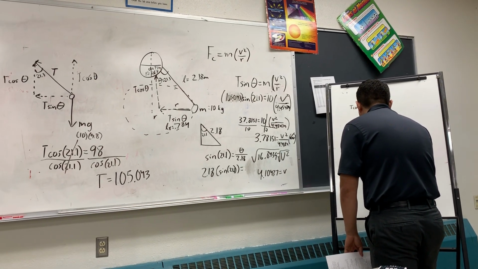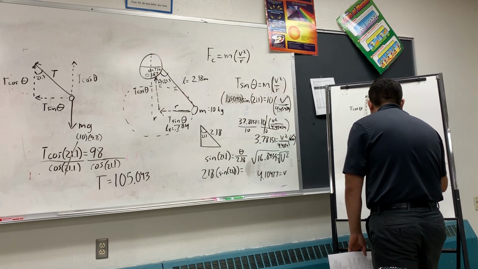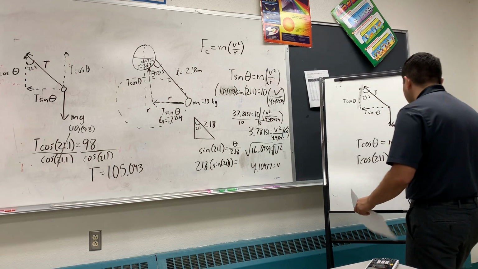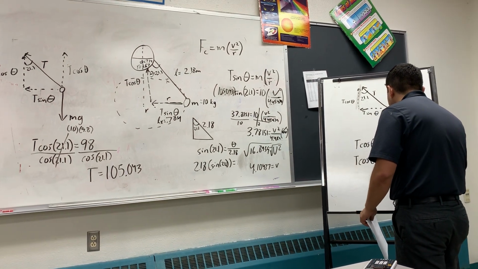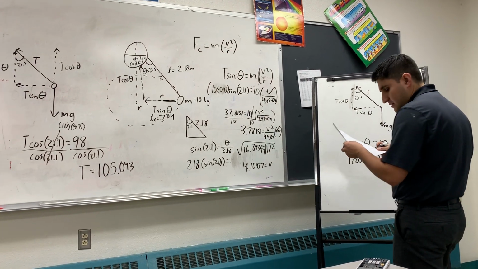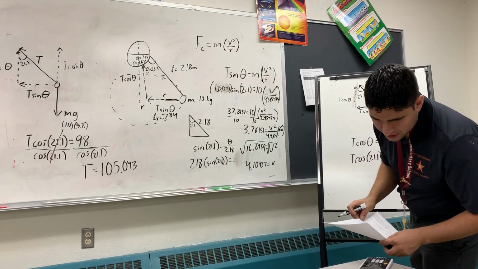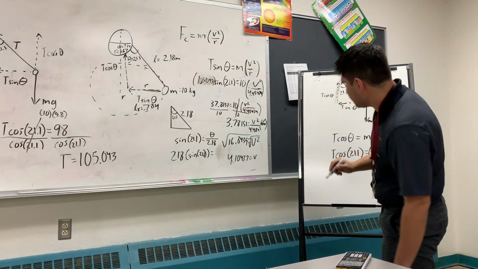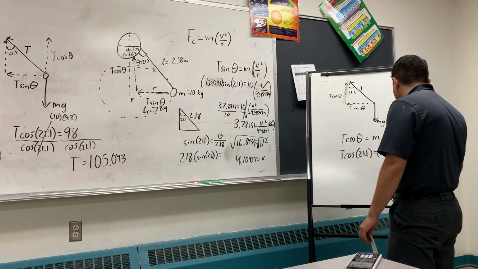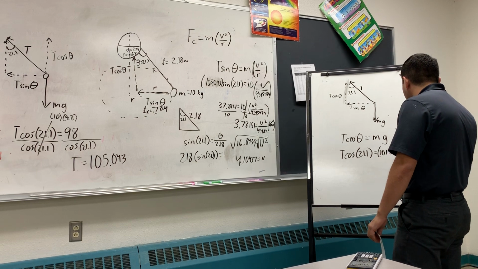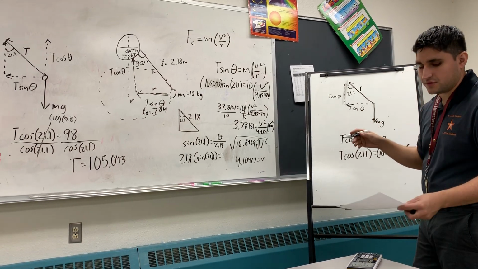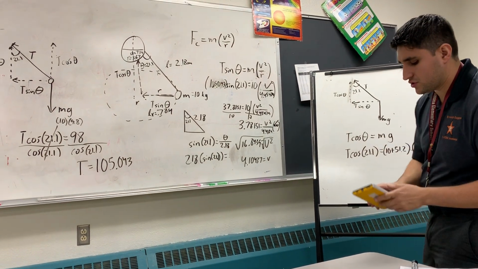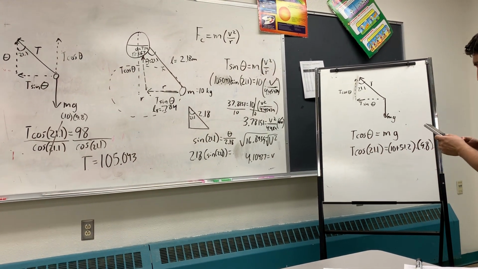I know my angle is going to be 21.1. And my mass is going to be the mass of the seat plus the mass of the child, which is 51.2 times 9.8. So even if you don't do number 11, you should be able to do number 12 because this is just this over here.